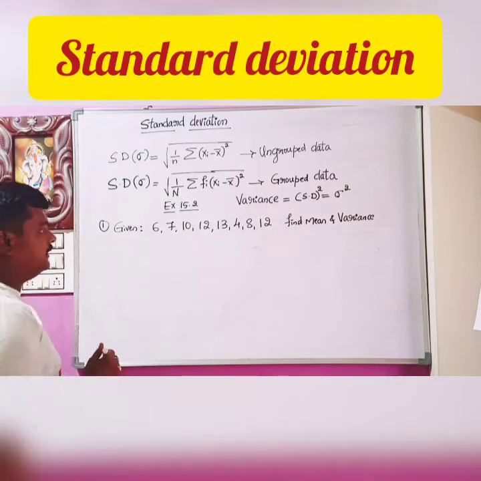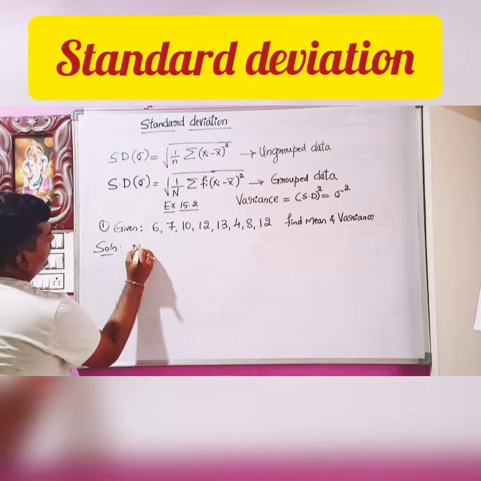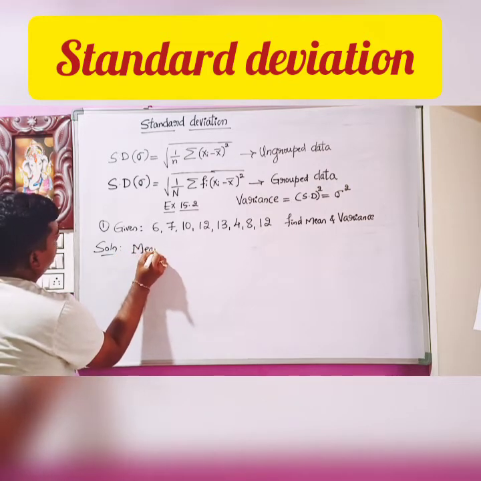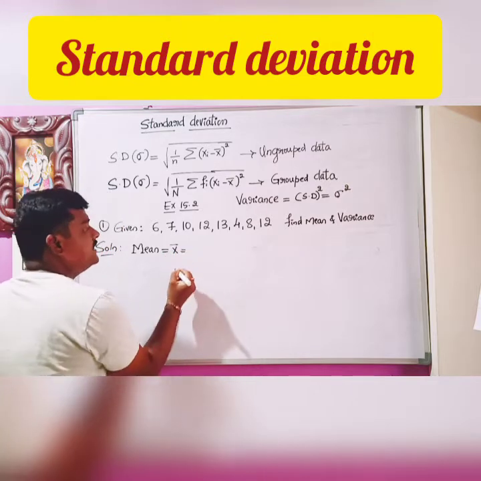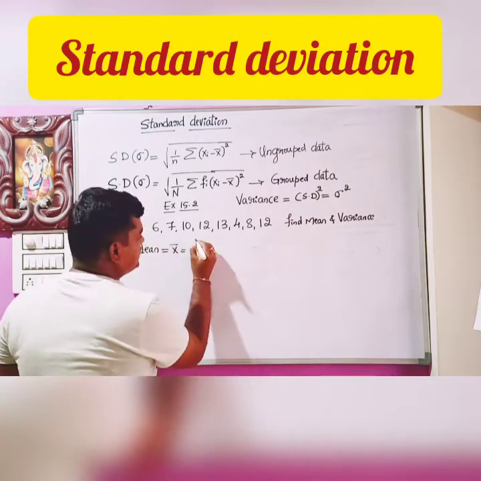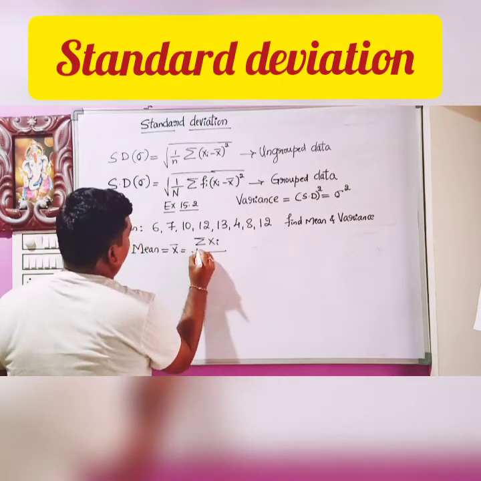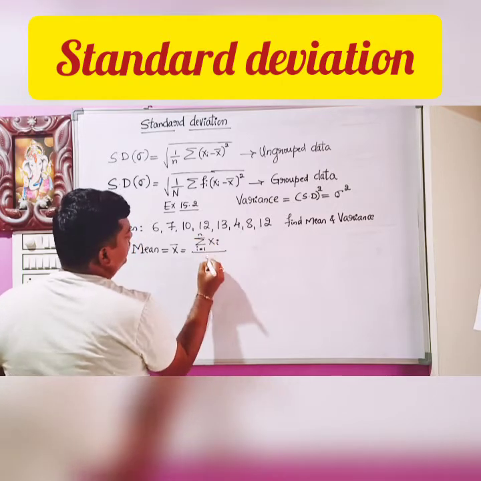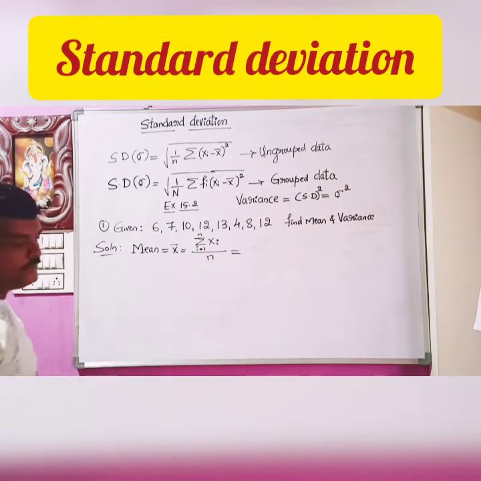What is mean? It is denoted by x bar: the sum of observations, summation xi, i from 1 to n, divided by the number of observations.